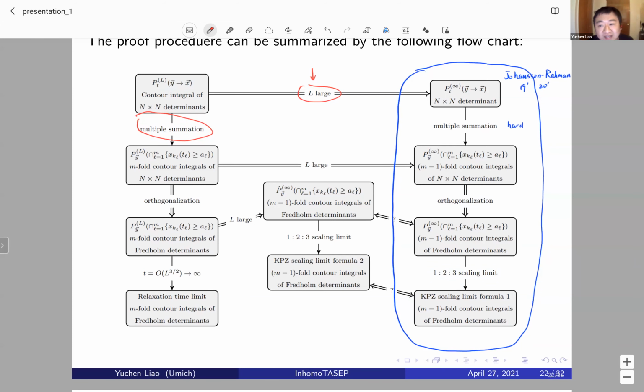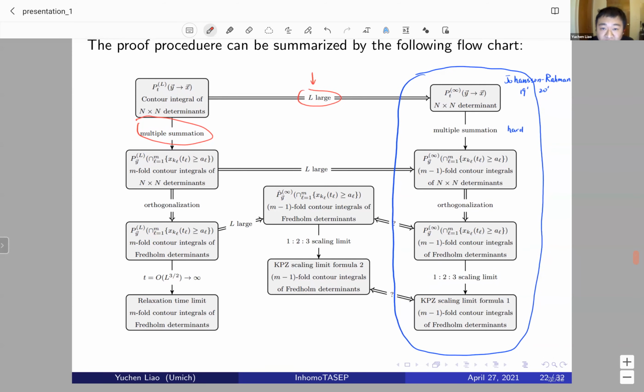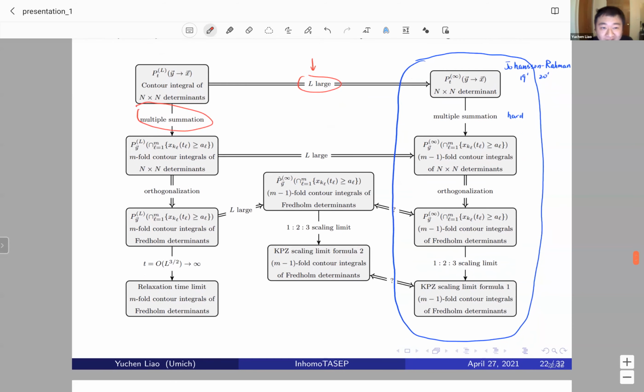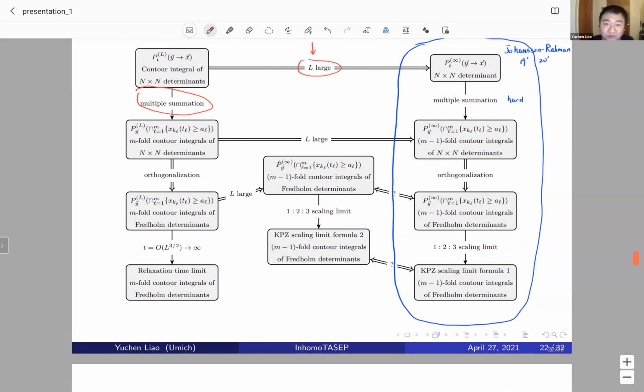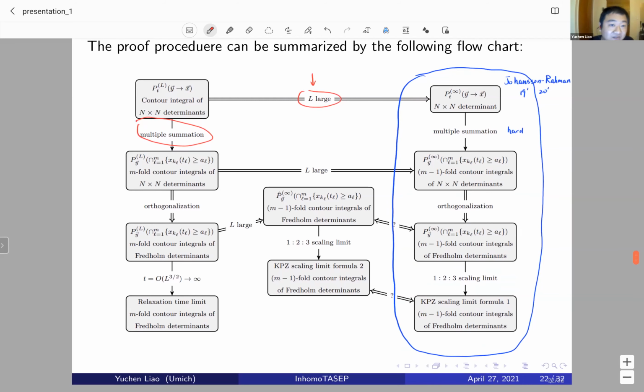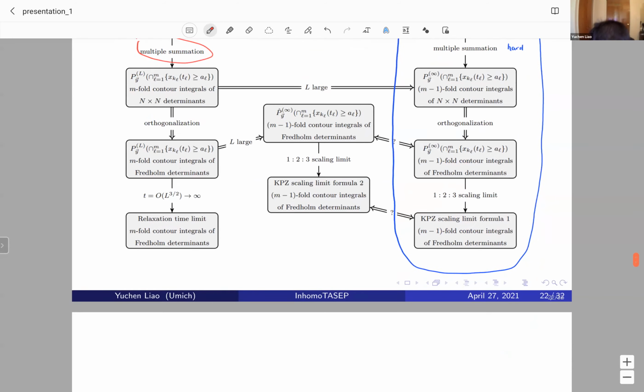That is why one can see the full space formula from the periodic model at the very basic level of the transition probability.